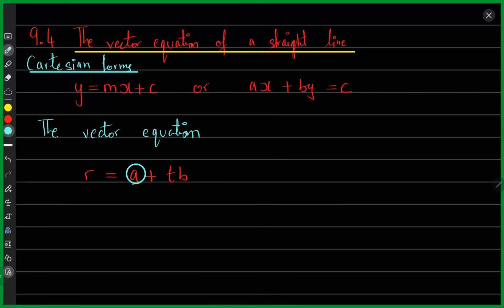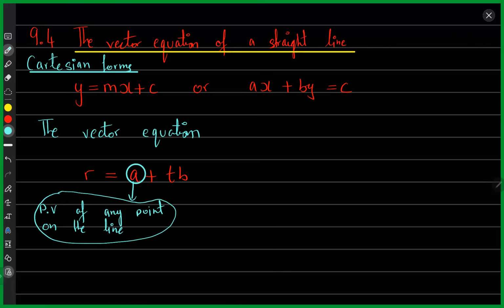A is basically the position vector of any point lying on the line. So it is the position vector of any point on the line. This exactly is the position vector of a point lying on the line.